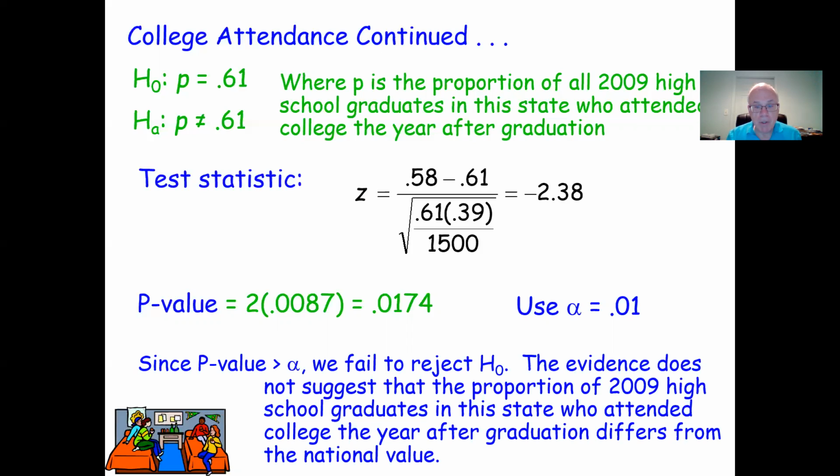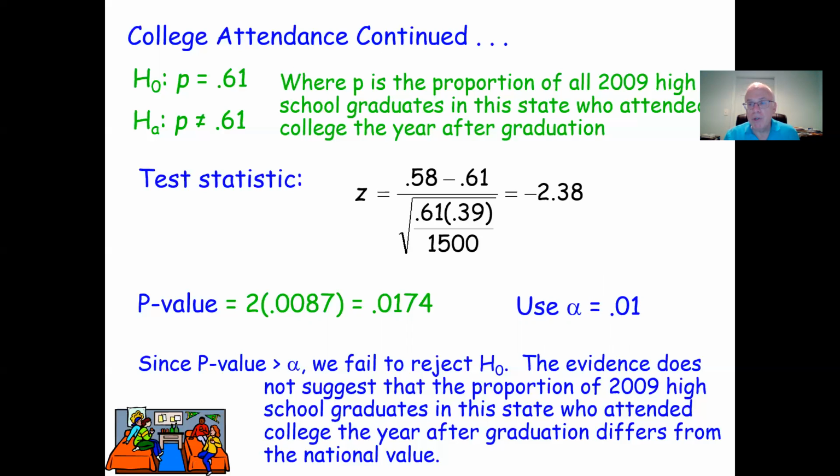And we can just say that there's not enough evidence to suggest that the proportion of 2009 high school graduates in this state differs from the national level. Okay, just basically normal variation. Now, here's the thing. We picked a very low alpha here. Notice that the decision would change if we picked a bigger alpha.